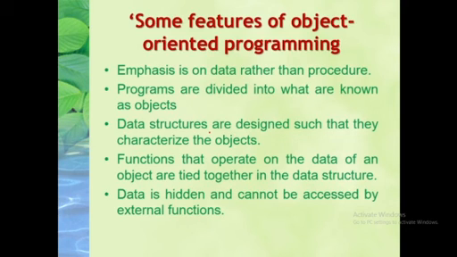Data is hidden. The major feature in OOP is that data is hidden. It has to be accessed only by the public functions written to access it. Any other program or external function cannot access the data.